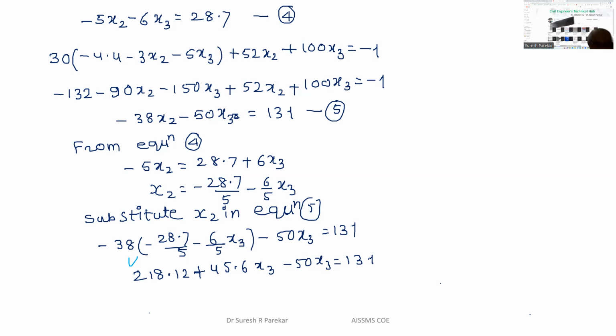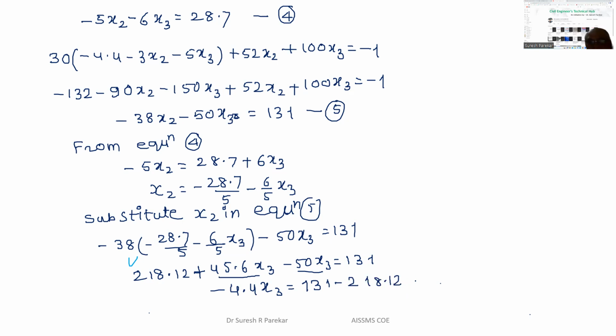So this 38 multiplied by 28.7 by 5 is 218. Okay. So now we have this x3. So we have minus 4.4 x3, and this 218 goes on this side. So we have minus 218.12.